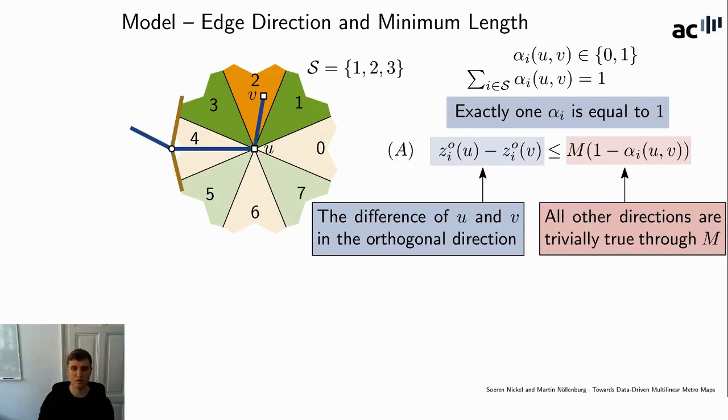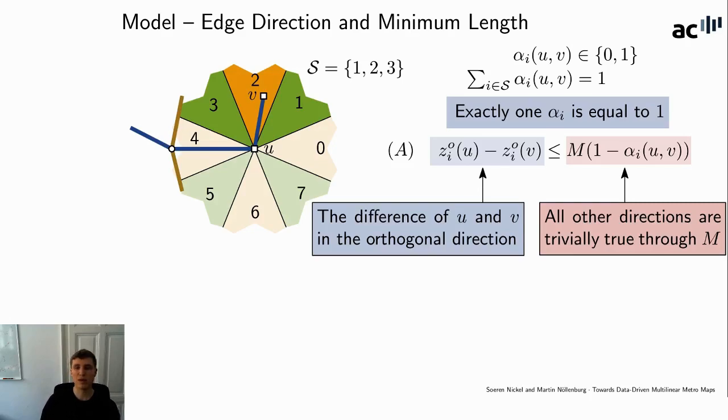If alpha i, however, is 1 and we have chosen this direction and need to consider this constraint, then the right hand side will become 0. And this constraint simply says that the orthogonal coordinate of v is the same as u or even bigger. But that just means that it's on the same vertical line or to the right.